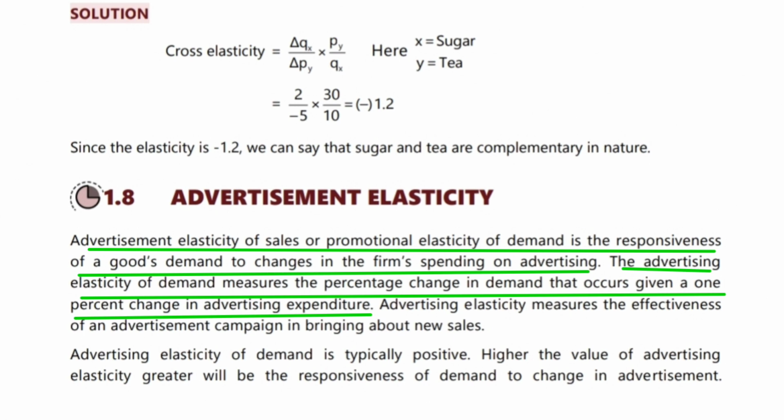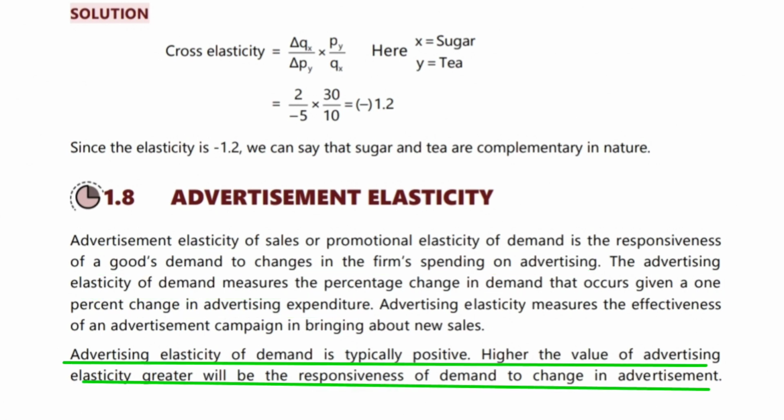When the firm spends a little more on advertisement, the demand for the product will be a little more. So these two are compared together to find out the elasticity because of the advertisement. So the effectiveness of advertisement is understood by comparing these two.